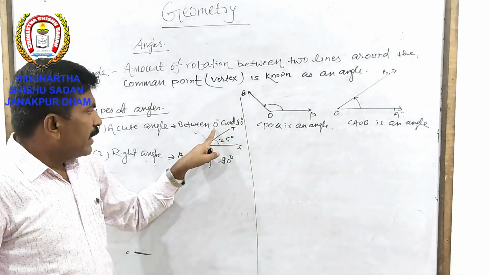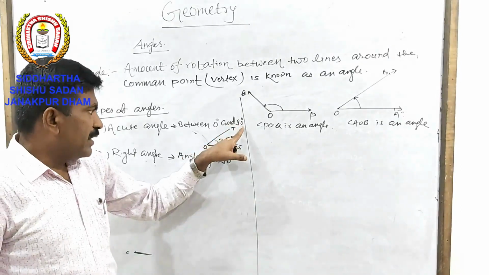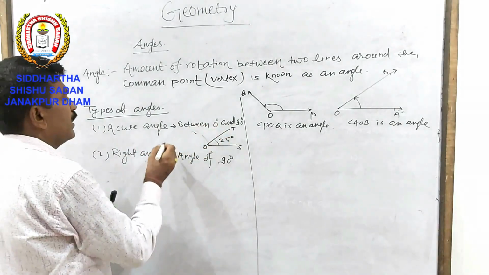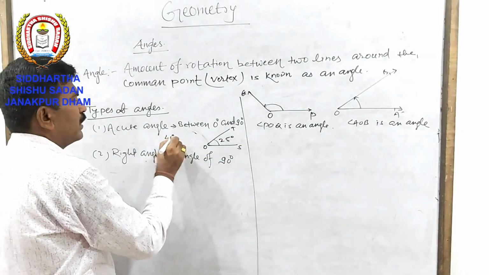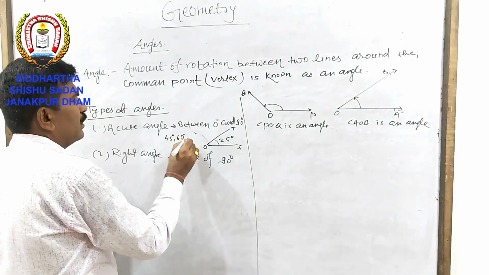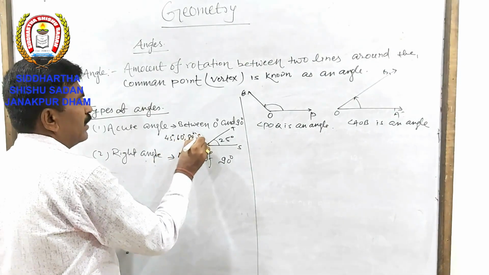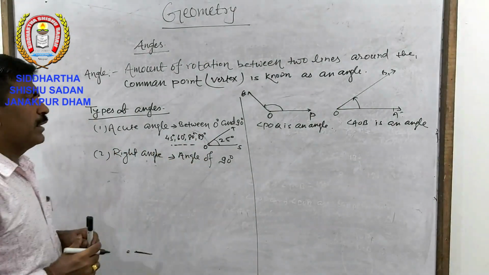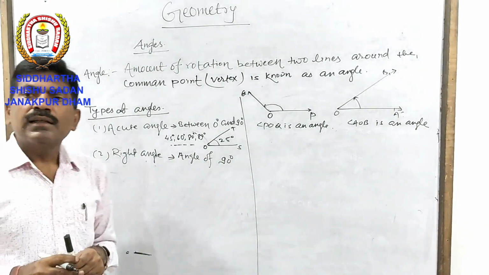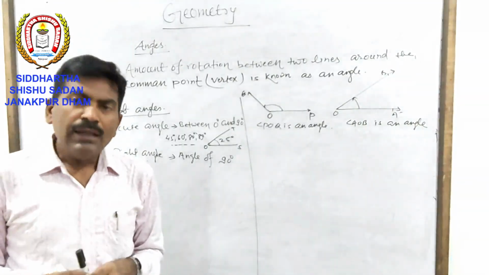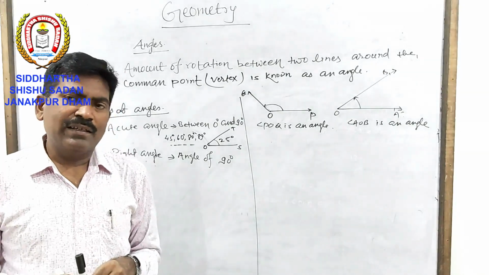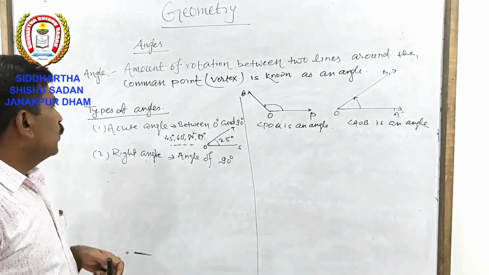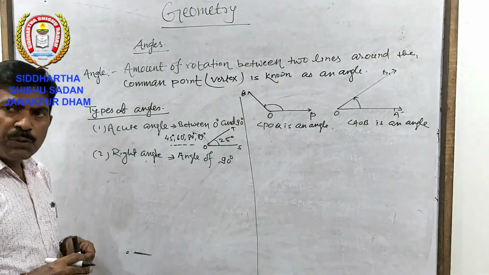That means greater than 0 degree and less than 90 degree. So many examples you can take. That is 45 degree, 60 degree, 80 degree, 89 degree. All these are examples of acute angle. So acute angle means greater than 0 degree and less than 90 degree. So is it clear? There are so many examples we can take for the acute angle.